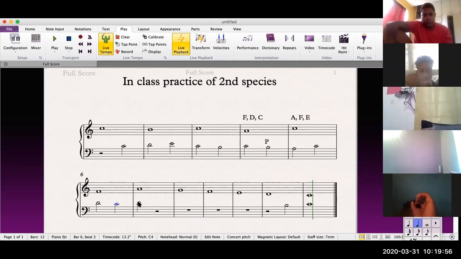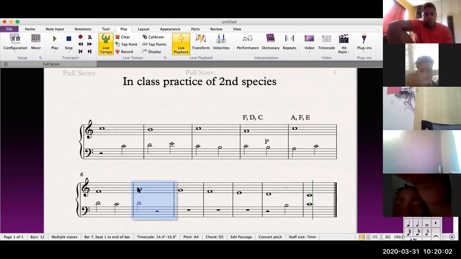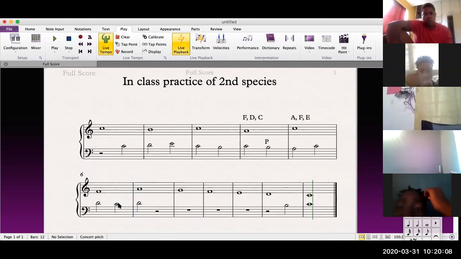Correct. That is part of the issue. If you look here, this is a fifth, right? You want to be careful not to have parallel fifths. So whenever you get a fifth, check before it to see if you've got a parallel fifth. Well, we don't between the C and the F, but we do, but it's a hidden one, because in a sense, you've got this, right?